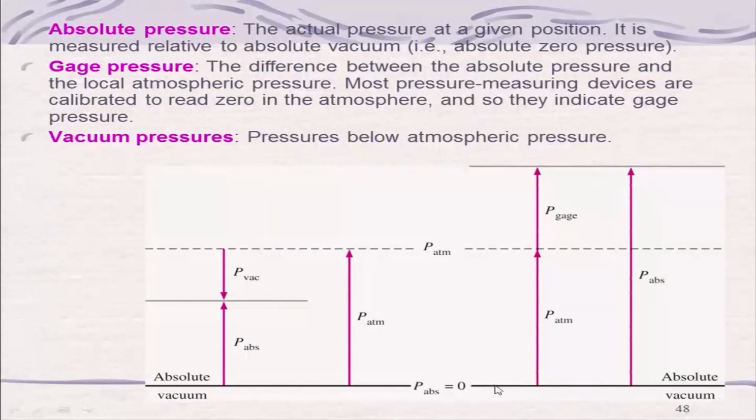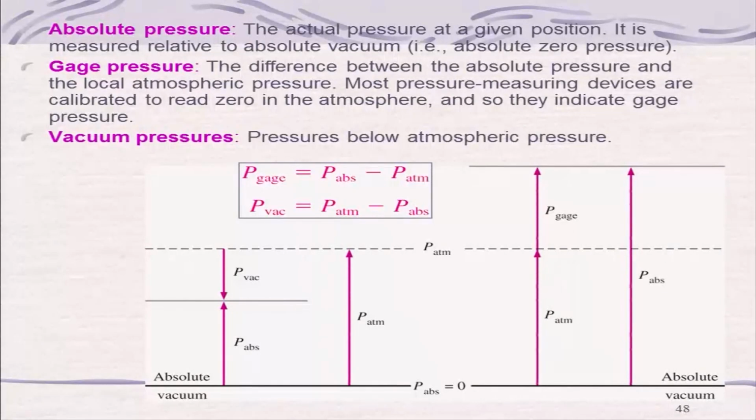So if you look at this, this is your absolute vacuum, where P absolute is 0, and if I say the pressure is here, this is the absolute pressure from here to there, and the atmospheric pressure is this much. So the gauge pressure will be the absolute pressure minus the atmospheric pressure.